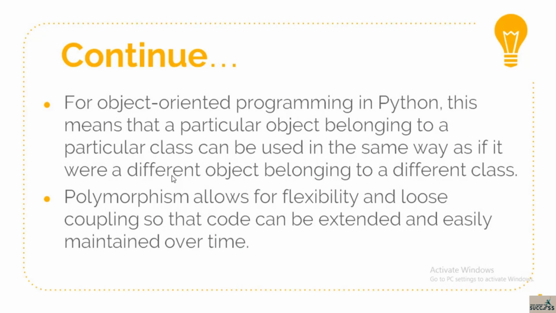Now for object-oriented programming in Python, this means that a particular object belonging to a particular class can be used in the same way as if it were a different object belonging to a different class. Polymorphism allows for flexibility and loose coupling so that code can be extended and easily maintained over time.